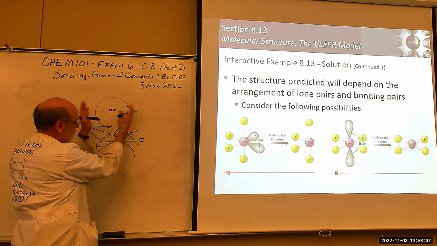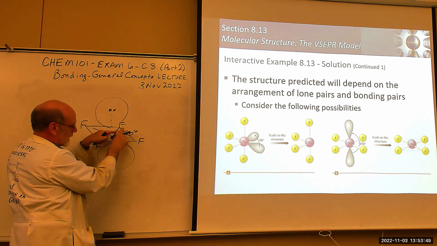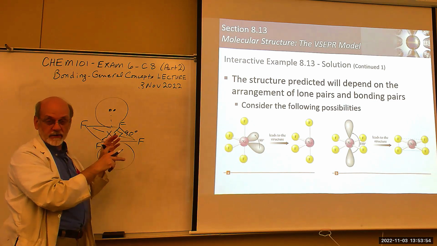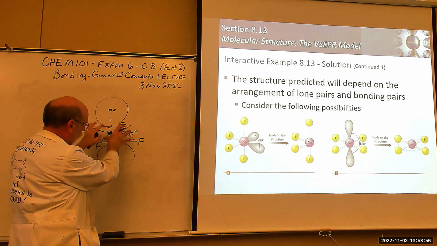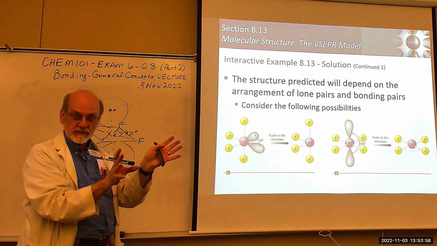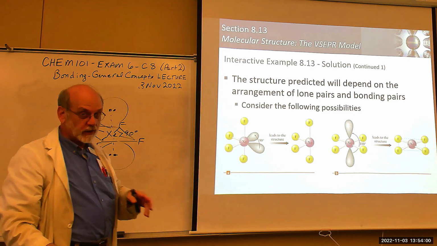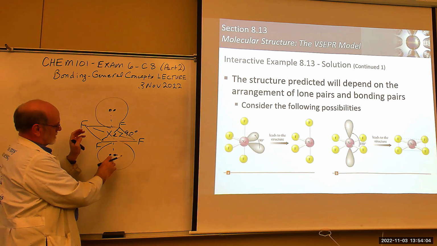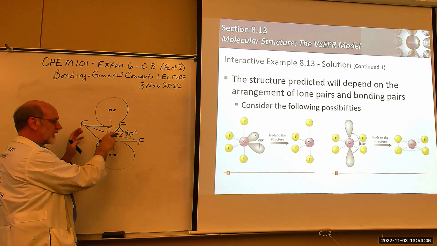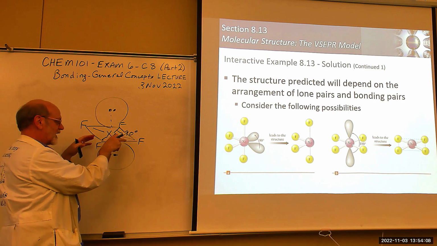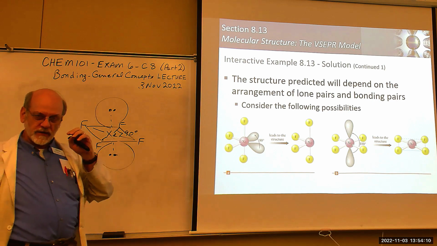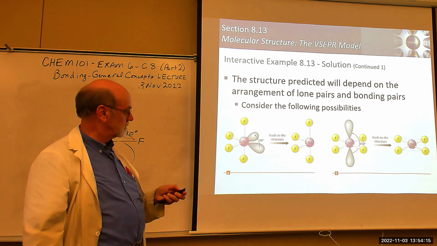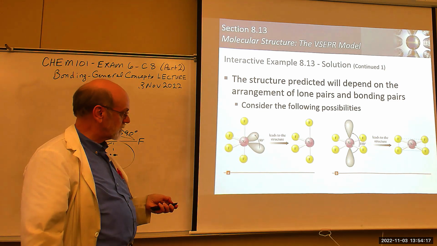So that means they're pushing further. If they were in here at 90 degrees from one another, then they would warp this molecule. They push it apart, right? We don't see that. What we see is these bonds being equivalent in length and bond angles. So the lone pairs have to be in these apical positions. Here, here, here.